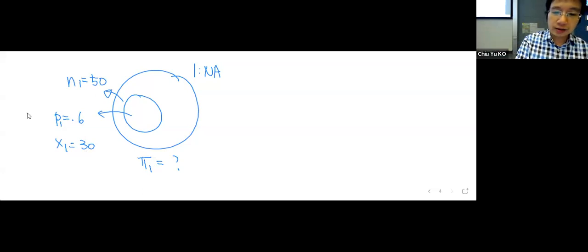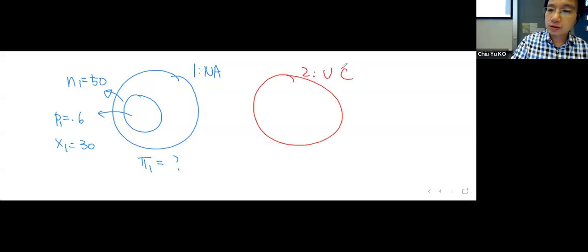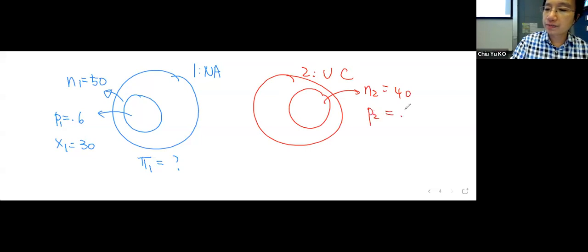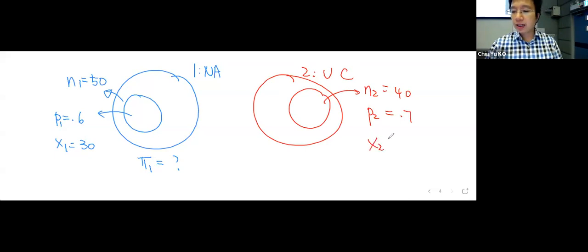And I also look at UC college, and out of this, I pick up 40 people. The proportion of female is 0.7. That means X2, how many people are female? 28. So now we go solve this question.